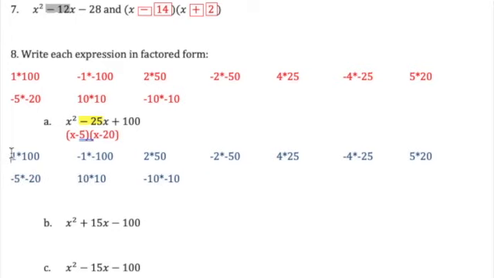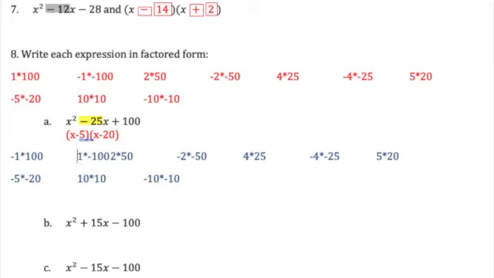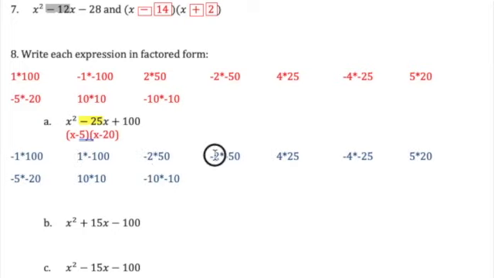Okay, so now we have -1 times -100, -2. Notice making the other 10 negatives is not going to change the pair at all, so I can just leave that and get rid of the other one.